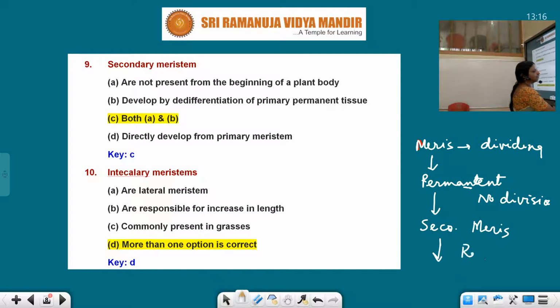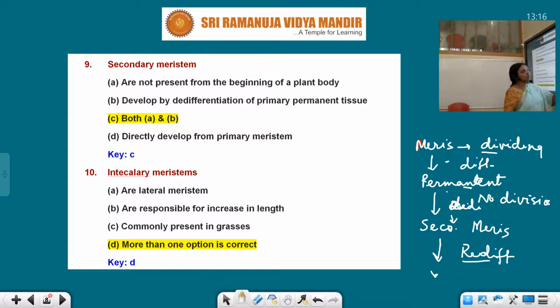And what is redifferentiation? Here first they are dividing, by differentiation they are losing the capacity of division, then by de-differentiation they are getting the capacity of division, and again by redifferentiation they are losing the capacity of division.